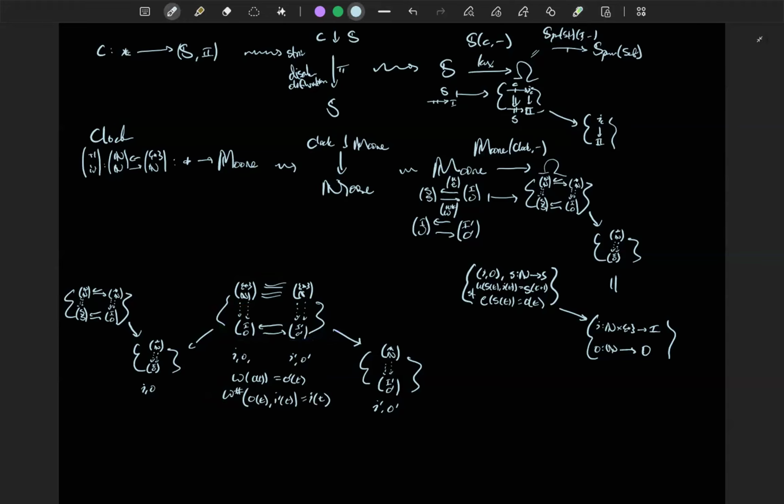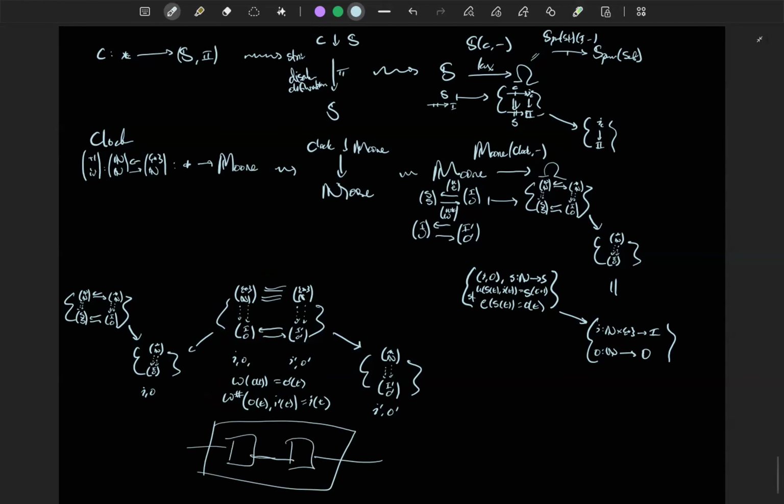But now remember, if we had a wiring diagram, here's an example of a wiring diagram. What you can see is that this set is the set of all streams of things at all of these. So the outer inputs and the outer outputs, that's this stuff. The inner inputs and the inner outputs, that's all of these. And they have to satisfy the relationship that if your inner output is wired to your outer output, they better be the same value here.